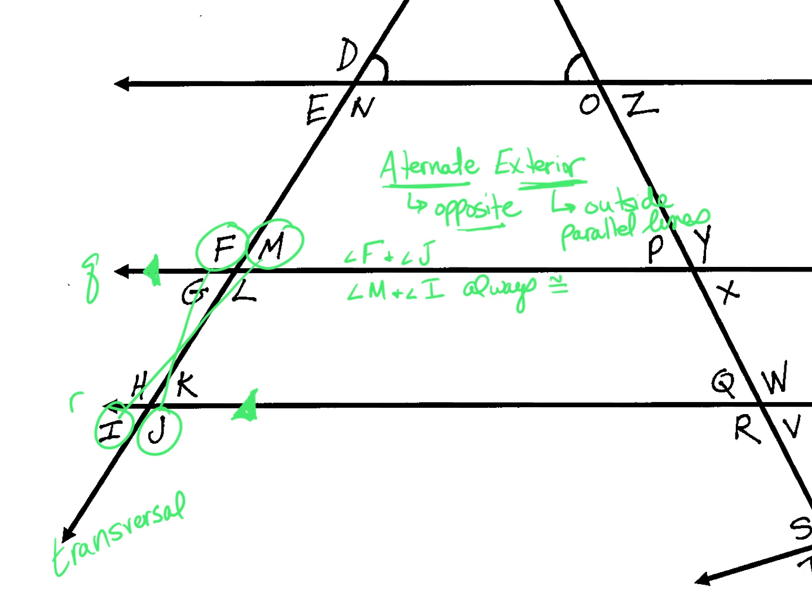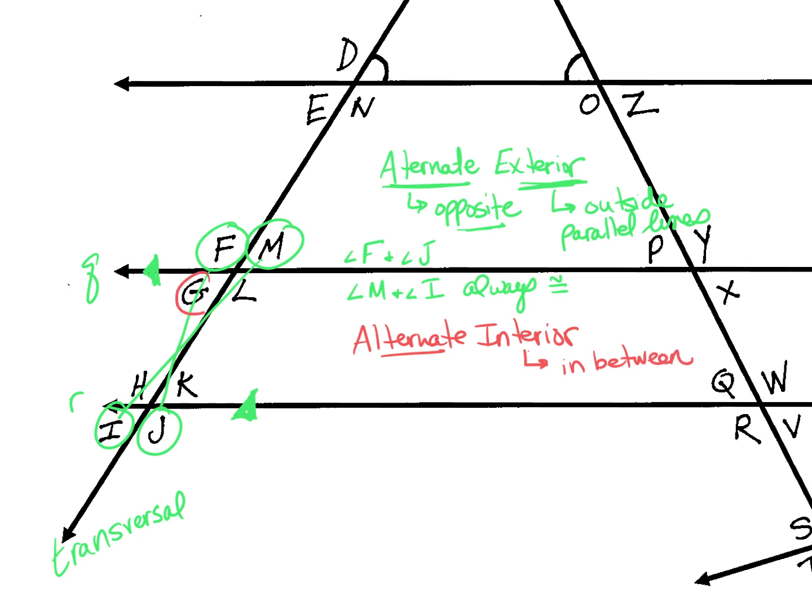The next angle pair is alternate interior. Alternate means the opposite side of the transversal, but this time interior means they're inside, in between the two parallel lines.